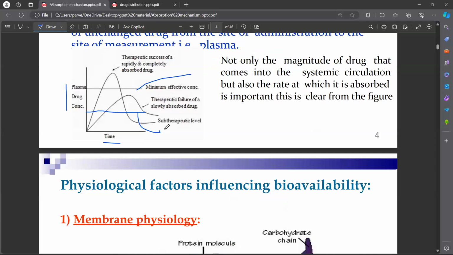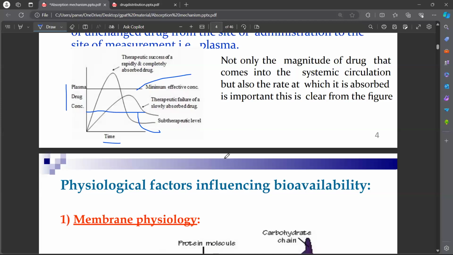Do I see any therapeutic response? Great, guys. The drug concentration should be above the minimum effective concentration but below the maximum safe concentration, because below the MEC there is no therapeutic response. Whenever the drug concentration spikes above the maximum safe concentration, it leads to a toxic effect. This range is known as the therapeutic window. The drug concentration must be maintained within the therapeutic window throughout the half-life of the drug in order to have the desired effect.